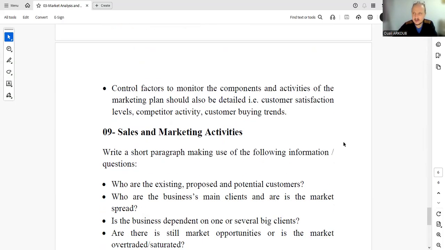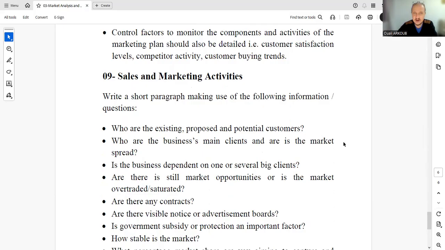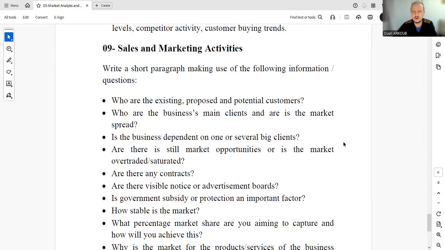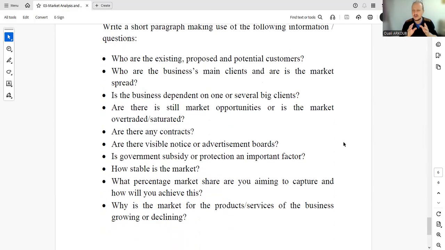Another important part of the marketing plan is sales and marketing activities. Write a short paragraph making use of the following information or questions. Who are the existing or proposed and potential customers? Who are the business's main clients or customers? Is the market spread or not?